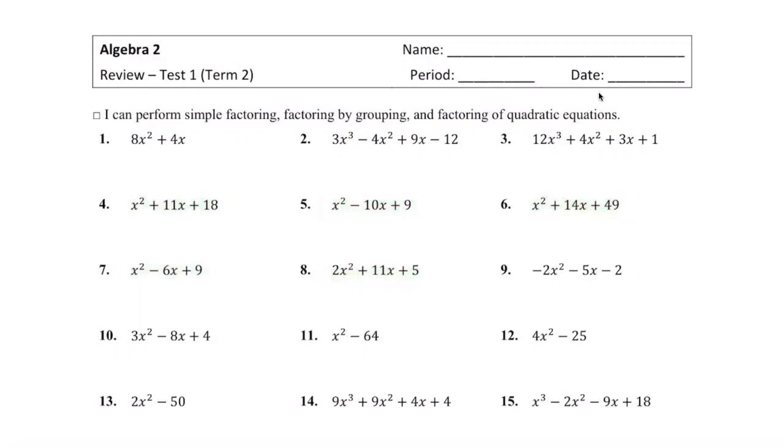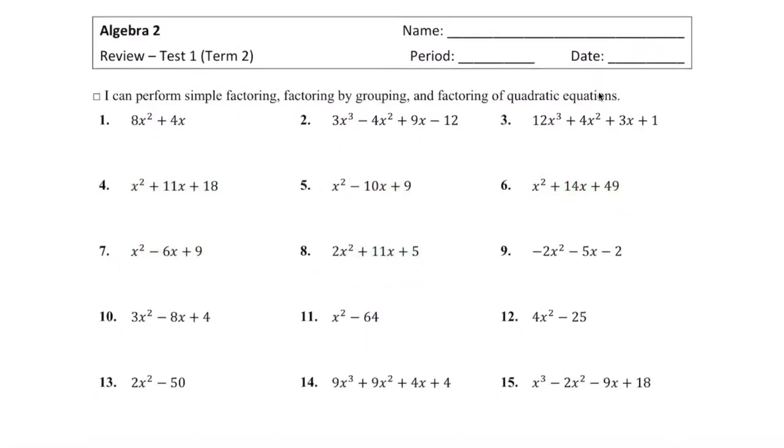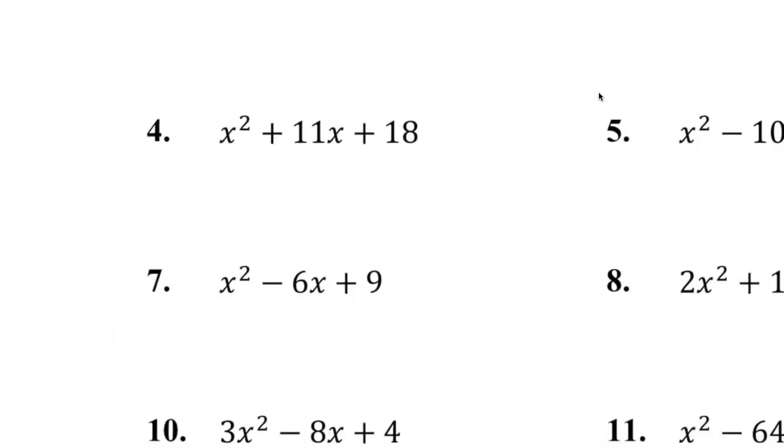But the other thing I want to point out is, let me see how I can break it down for you here. Let's go ahead and take a look at number 4. For number 4, it is going to be x plus 9 and x plus 2. Okay, that's it.